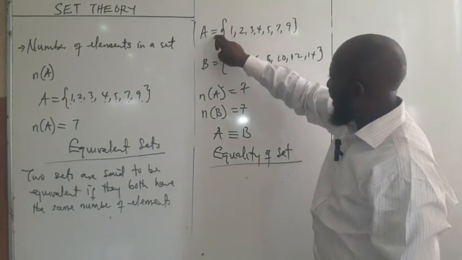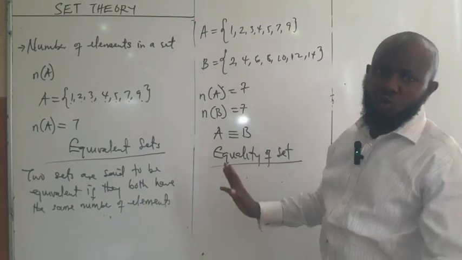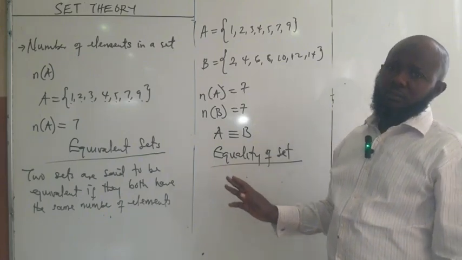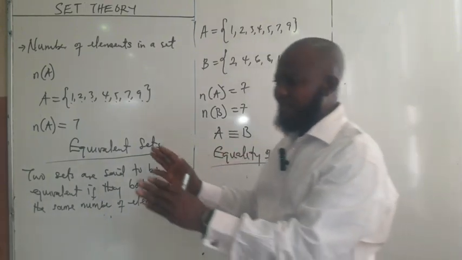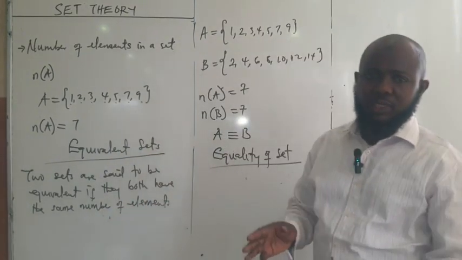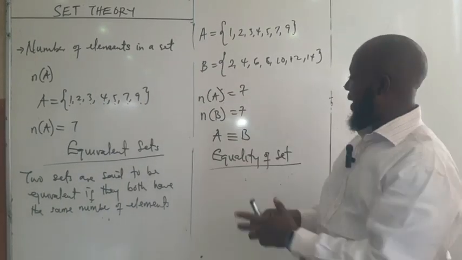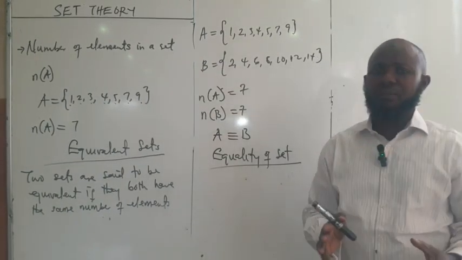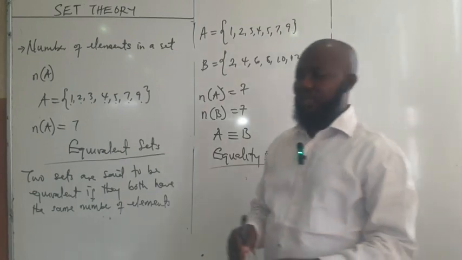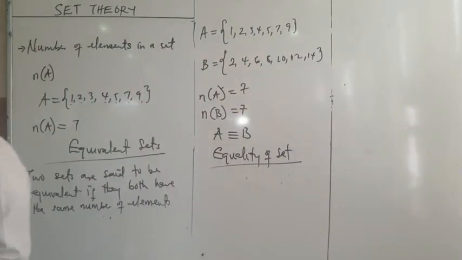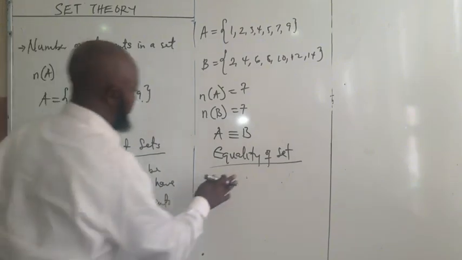That means sets A and B are equal. For equivalence, they have the same number of elements. For equality, they have the same elements. The elements you have in A are the elements you have in B. That's what is referred to as equality of sets.